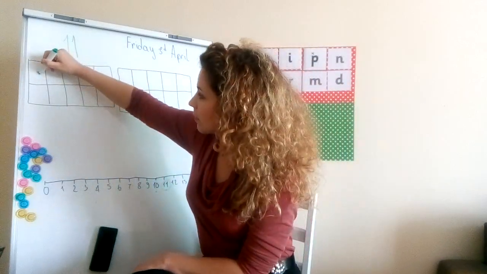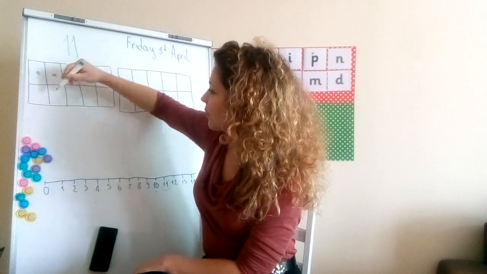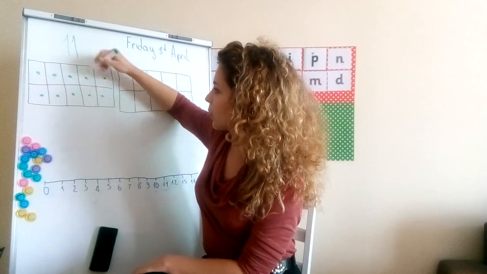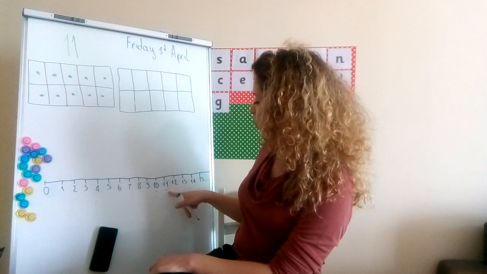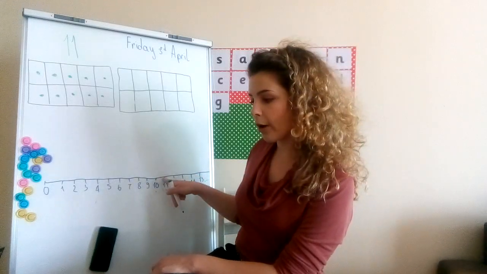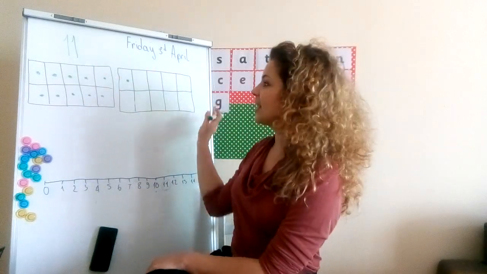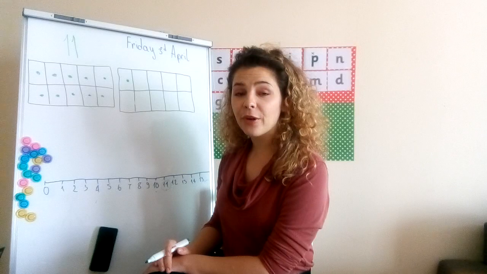Well, we can just simply fill in one 10 frame completely. Okay, so we have 10, we are here. And now how much do we miss until 11? We just need one more. Okay, so here we're going to do one more, and that is it. Okay, this is number 11 in a 10 frame.